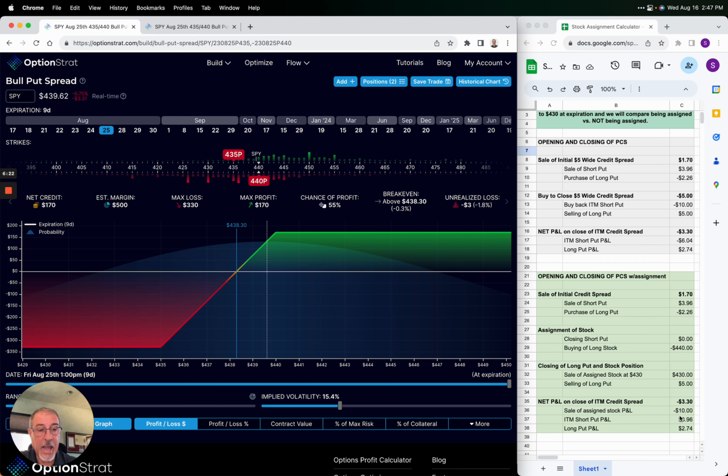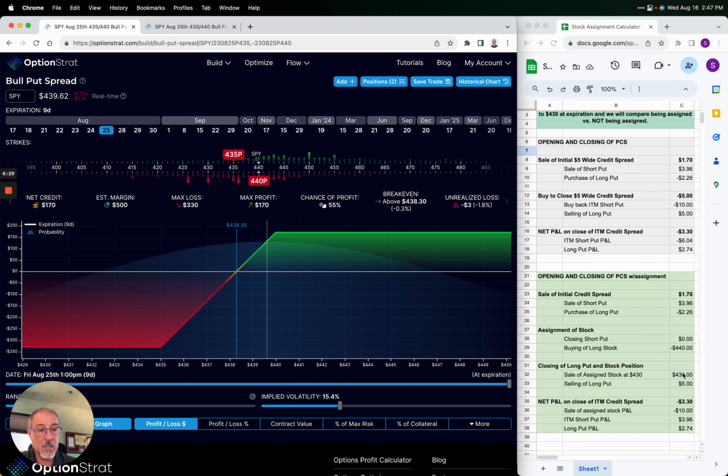So when we add all of this up, the sale of the assigned stock, the difference between this, we had a $10 loss per share on our stock. We had a $3.96 profit on our short put, because again, when we were assigned, that essentially zeroed out.